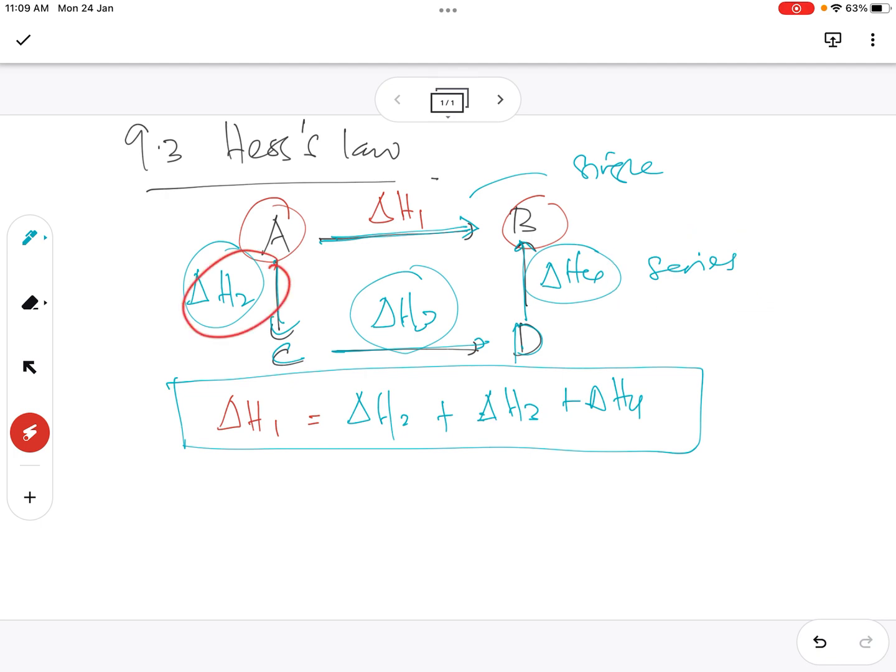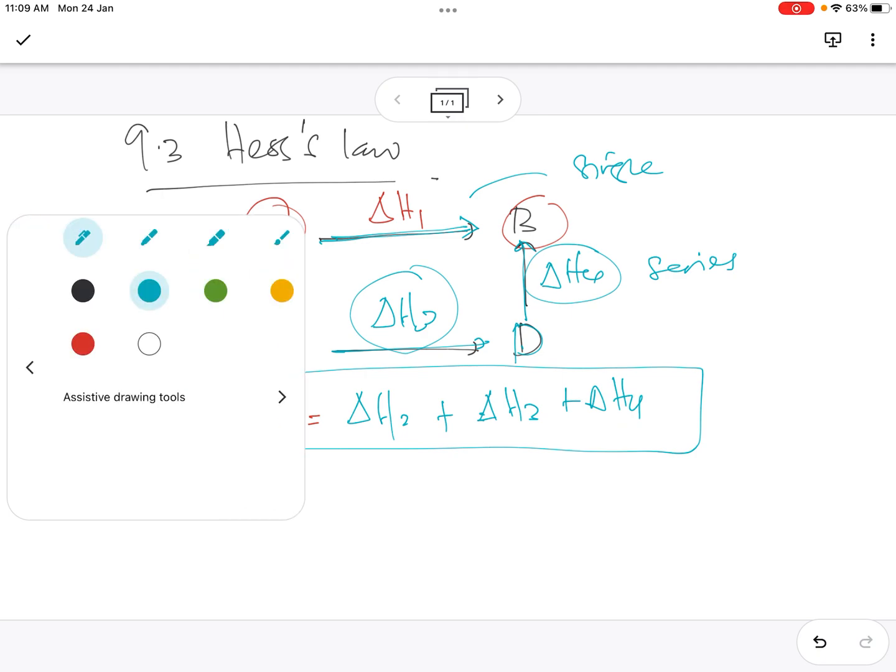From A to C, C to D, D to B is series. So, jumlah tenaga yang diperlukan untuk bergerak daripada A ke B adalah sama dengan jumlah tenaga yang diperlukan untuk bergerak daripada A ke C, C ke D, D ke B. H2 tambah H3 tambah H4. This is Hess's law. Jelas?